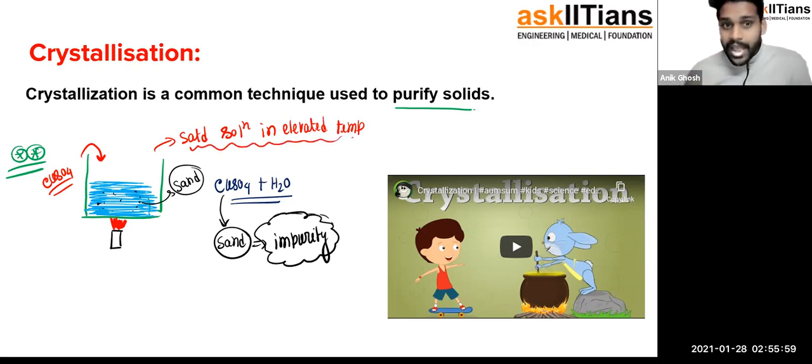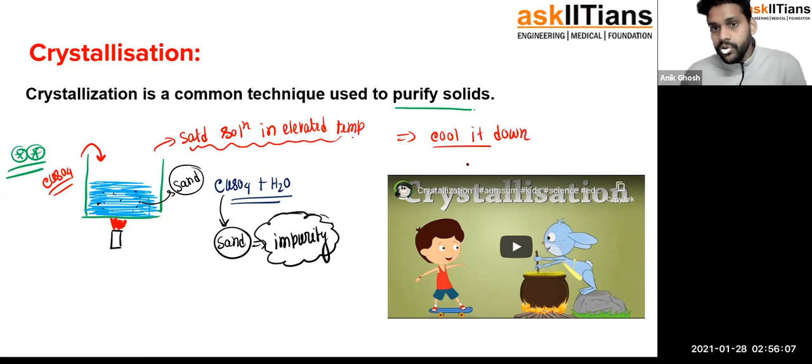Now after that, the second step is you need to cool it down. This is the first step, and this is the second step. If you do this, what would happen? First, a solution is saturated at elevated temperature.